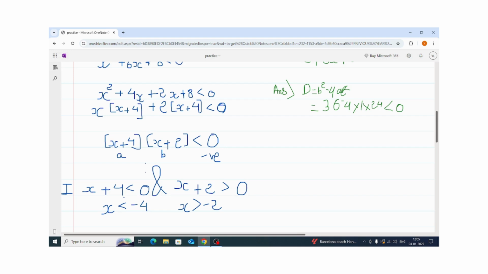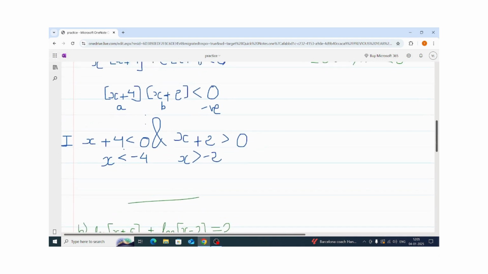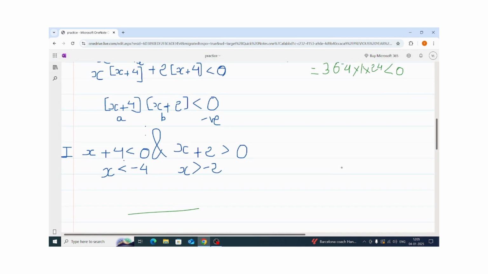Alright, so now we are going to plot this on the number line. So I'm plotting this here. This is minus 4 that I have here. This is minus 2.